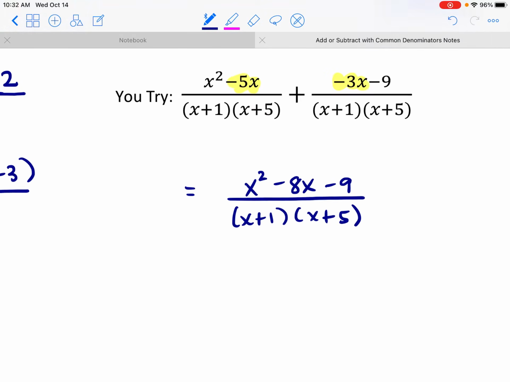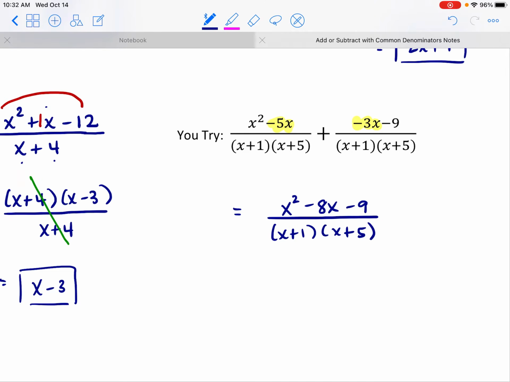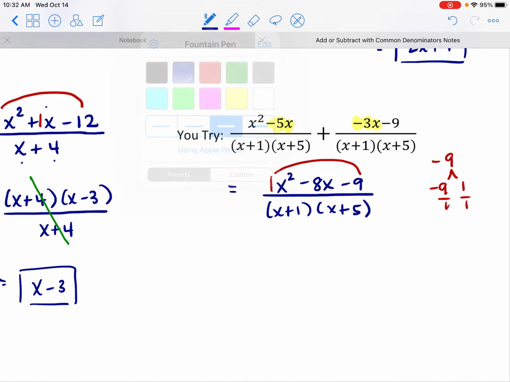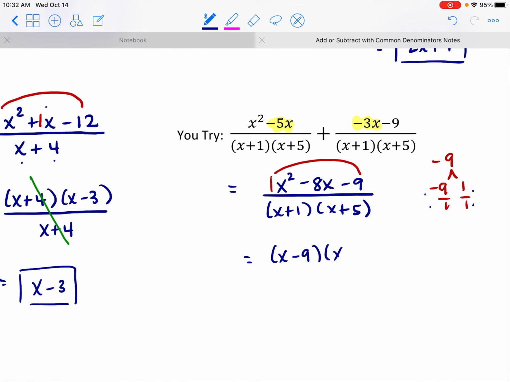Now again, this fraction is not reducible, but the numerator is definitely factorable. So if we look for factors of negative 9 that are going to make negative 8, we can use negative 9 and 1. And dividing by 1 there, we see that our numerator is going to factor into 1x minus 9 and 1x plus 1.